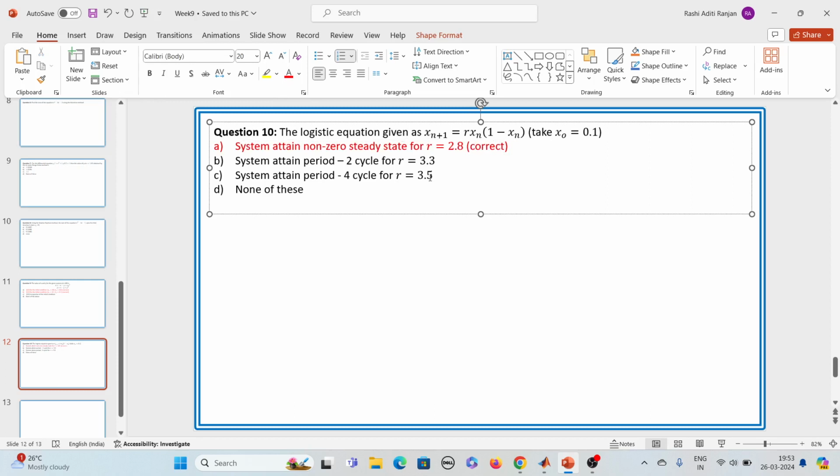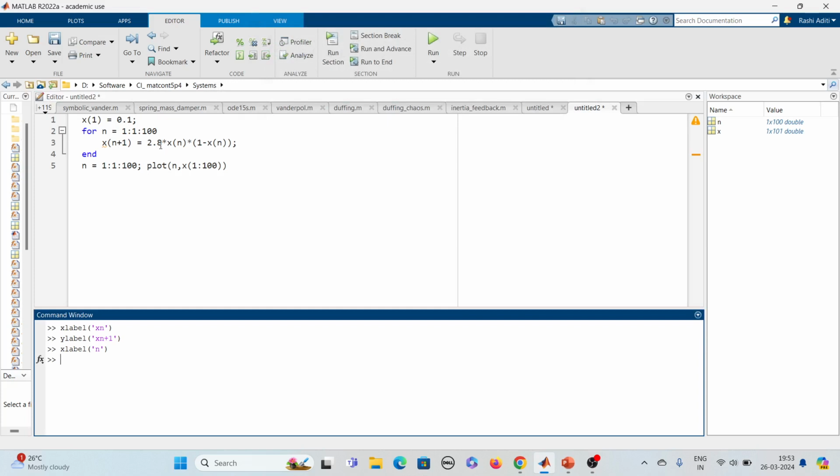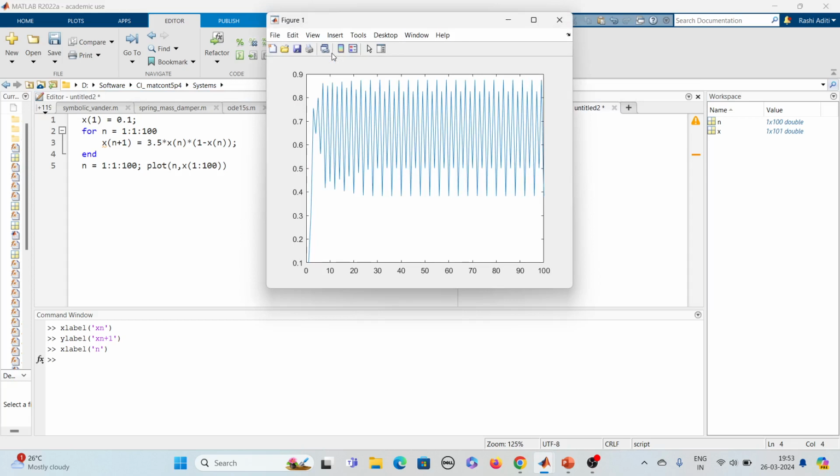Now second, system attains period 2 cycle for R 3.3. So if I consider my R as 3.3, and after that I again solve this.